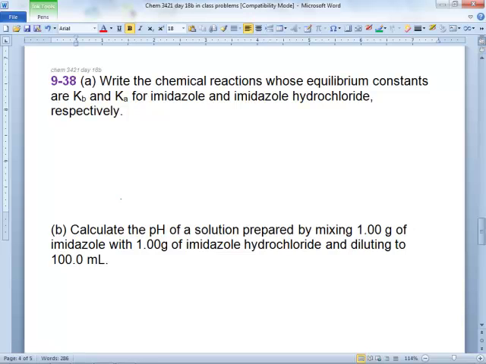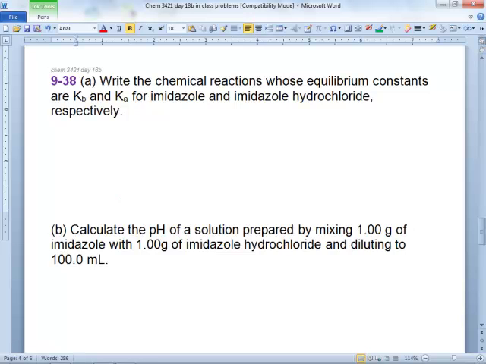Imidazole. What the heck is this stuff? So it wants us to write Kb and Ka for imidazole. Did you find it?